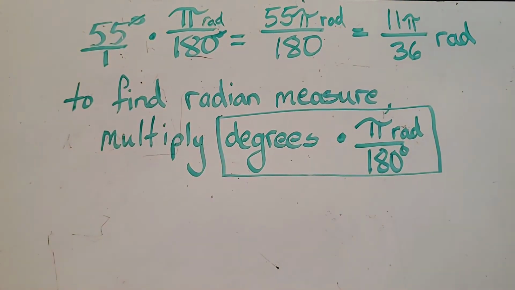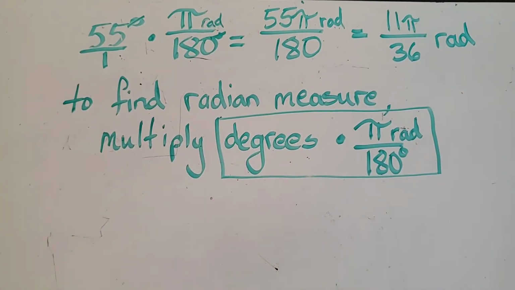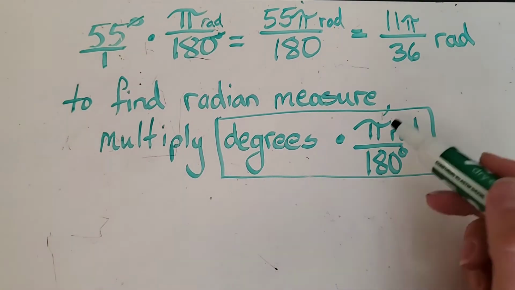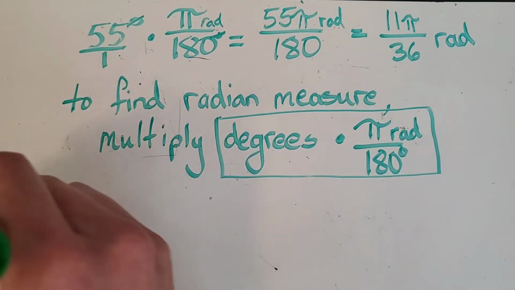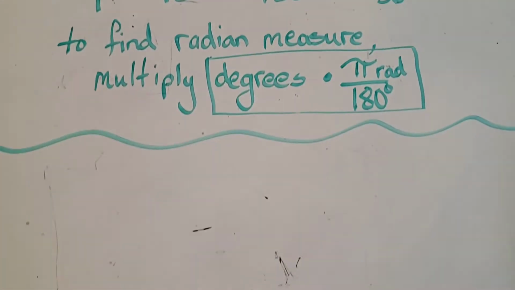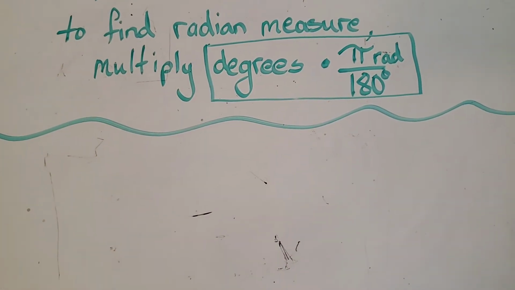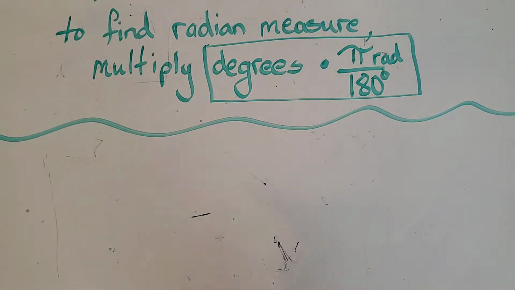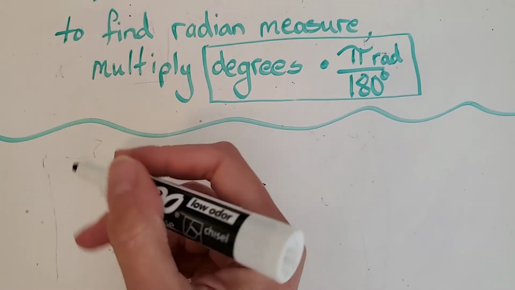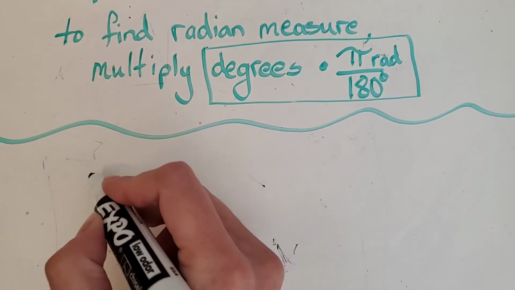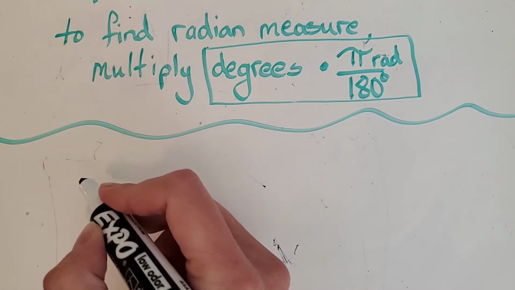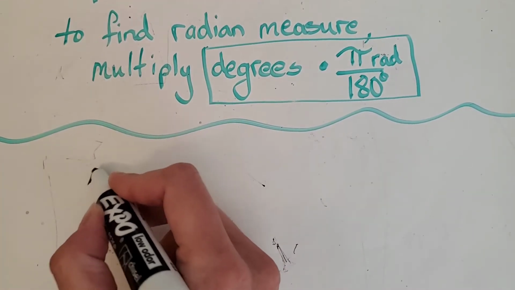All right. That's how we go from degrees to radians. Multiply by pi over 180. Let's try a second example. All right, let's do 232 degrees.